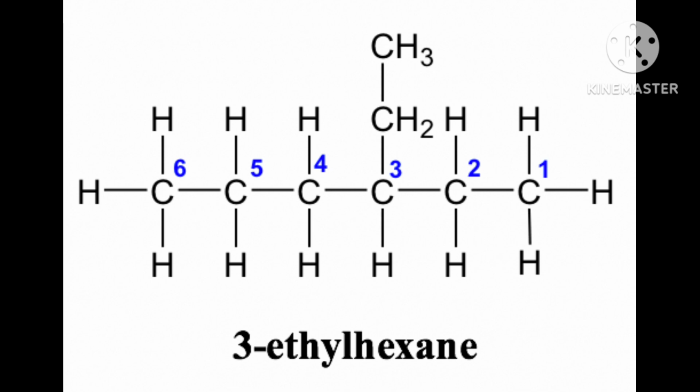The first part of the question is that you have to write the structures of different isomeric alkyl groups. What are the possible isomers? You have to write them for the molecular formula C5H11. It is not C5H12.